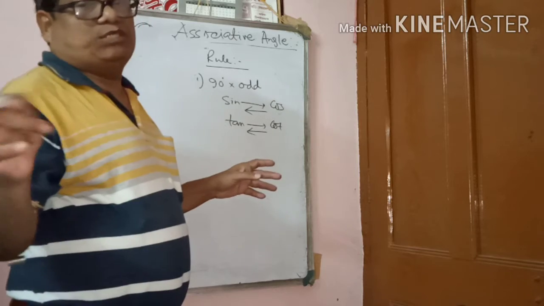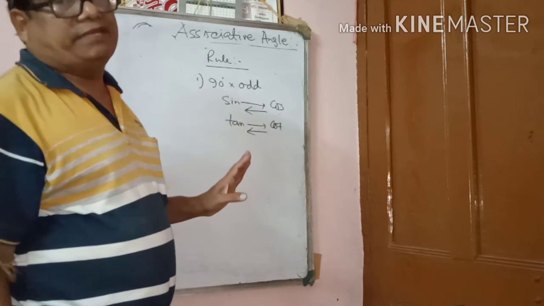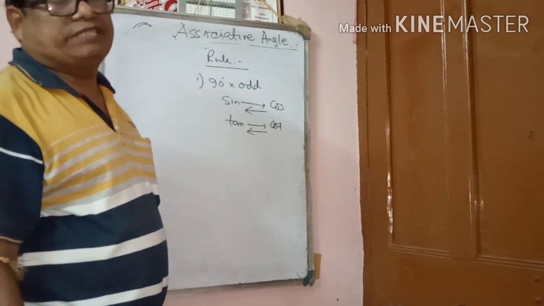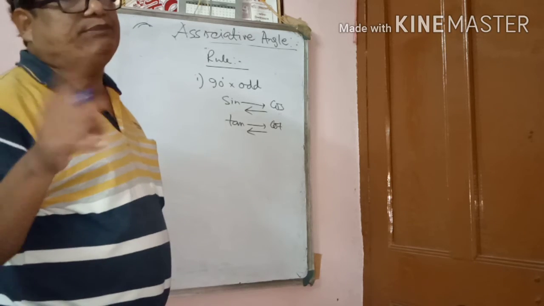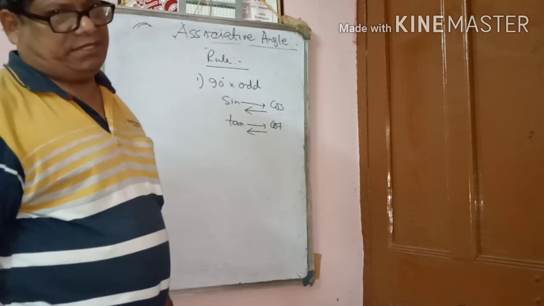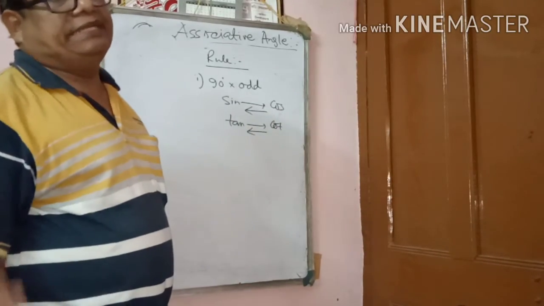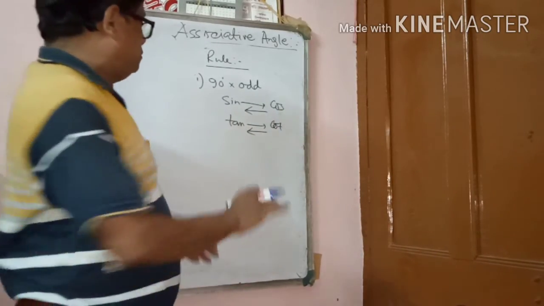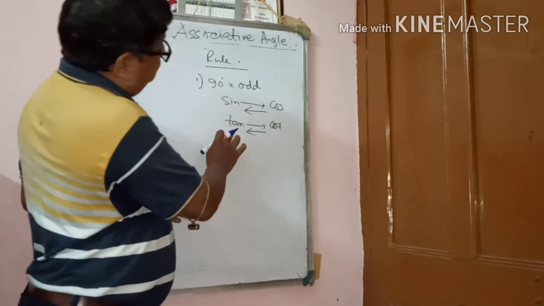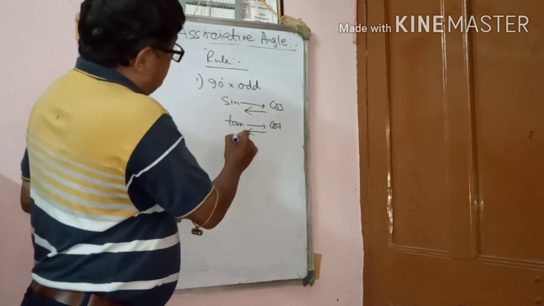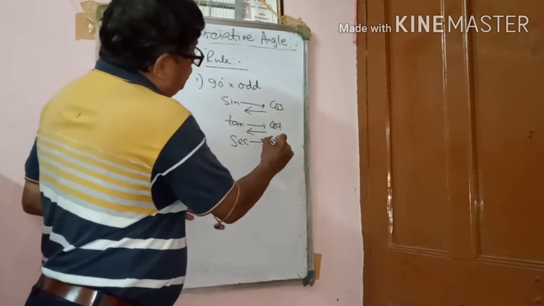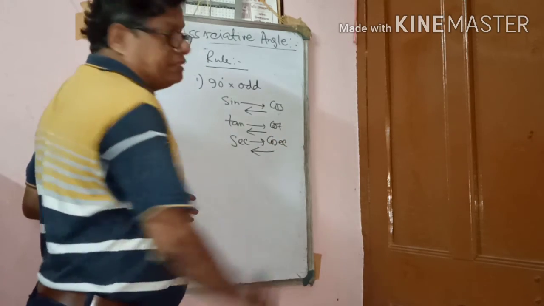All of you know sin 90 minus theta, cos 90 minus theta, already learned in class 10. 90 minus theta means 90 into 1 minus theta. Now we'll write here 90 into 1 plus theta, 90 into 2 plus theta. I will explain this part. So tan, cot, sec, cosec will become sec.